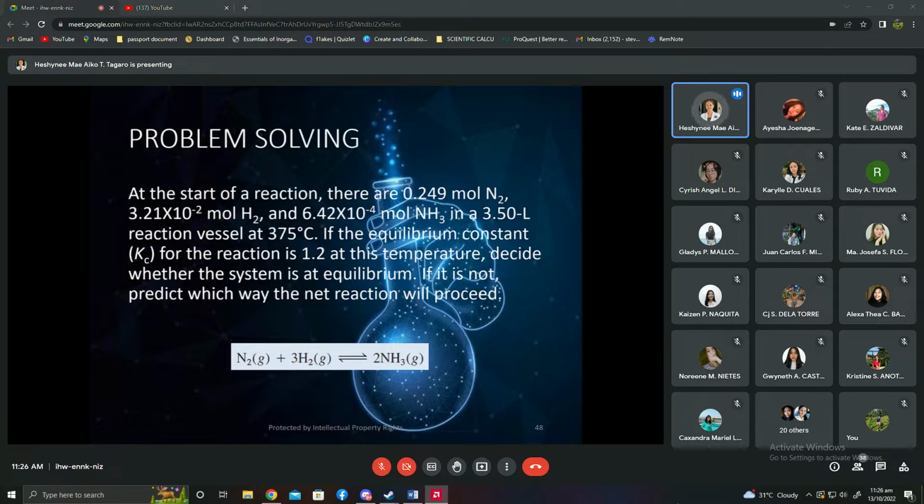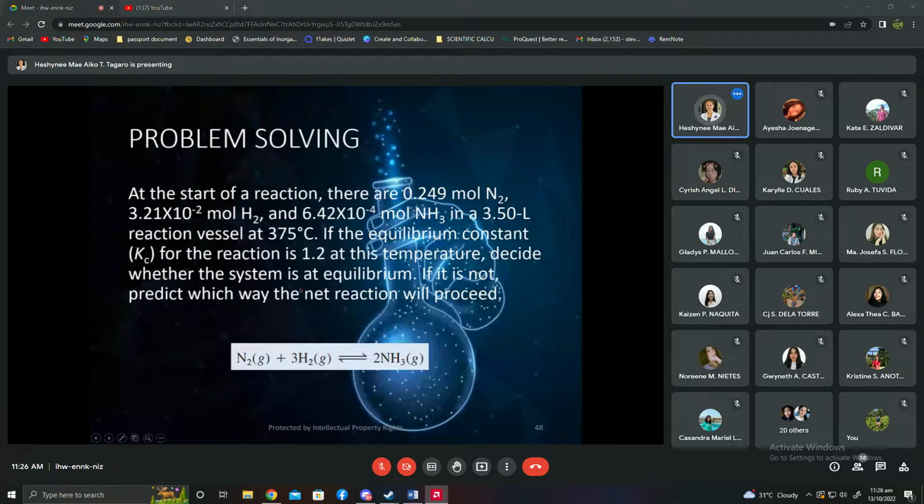If the equilibrium constant for the reaction is 1.2 at this temperature, decide whether the system is at equilibrium. If it's not, predict which way the net reaction will proceed.